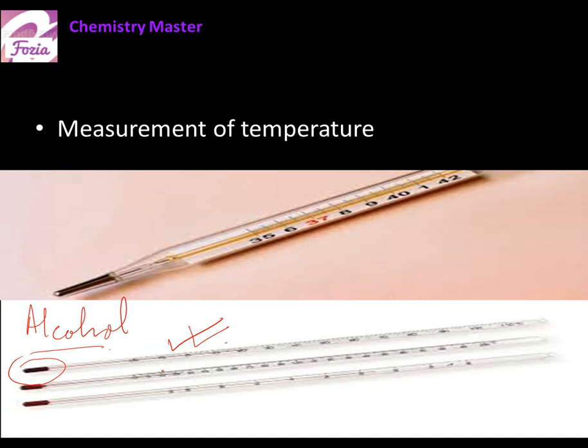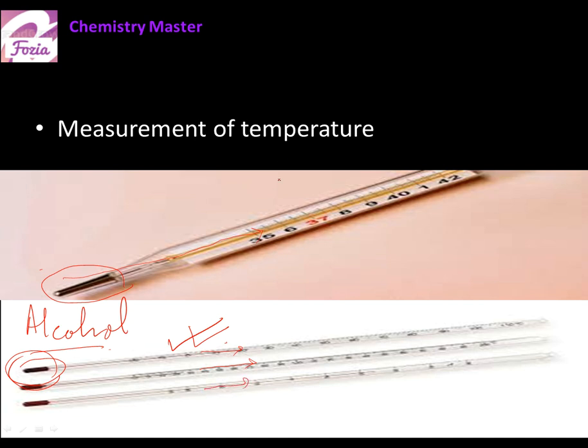So how does it work? These liquids which are filled in the bulb of the thermometer, alcohol and mercury, show expansion when they absorb some heat. They expand in the middle tube, so that anyone can read the temperature.